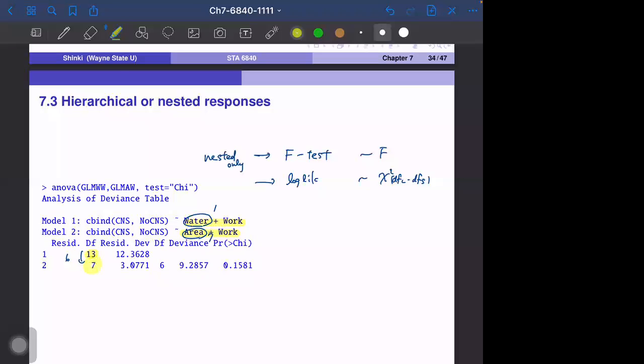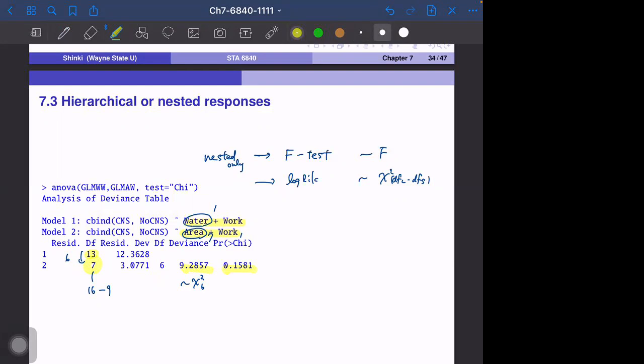And this 7 is actually 16 minus 9: 7 plus 1 plus the intercept, so that is 9. So the increase in degrees of freedom is 6, and the decrease in deviance is 9.2. So this follows chi-square 6, and the p-value is 0.1581.